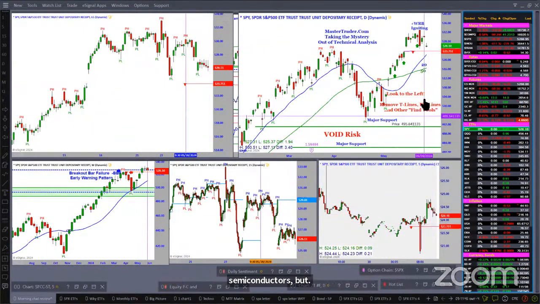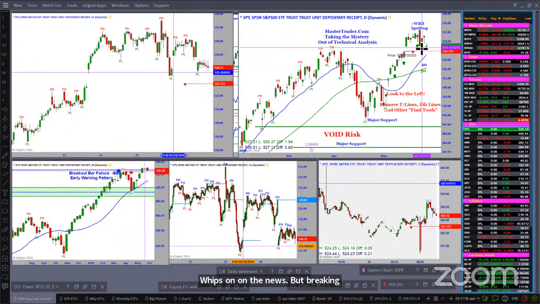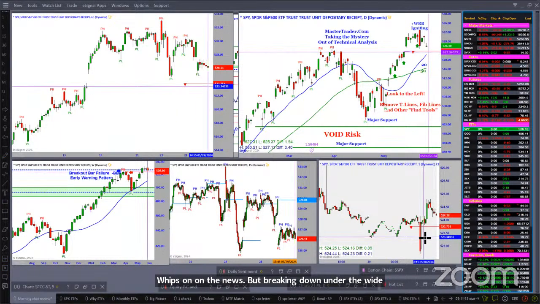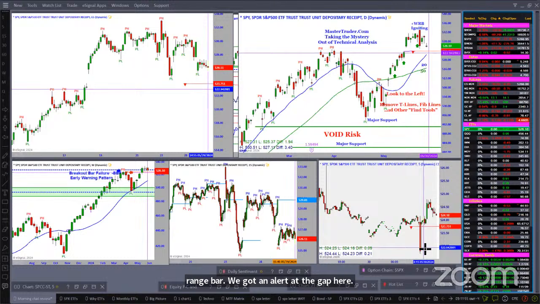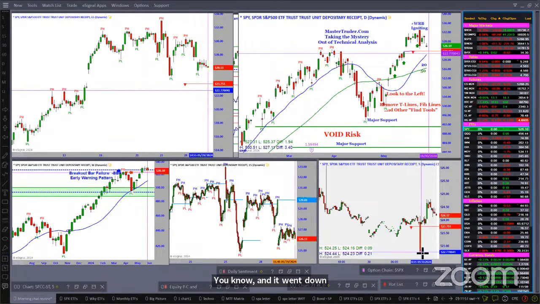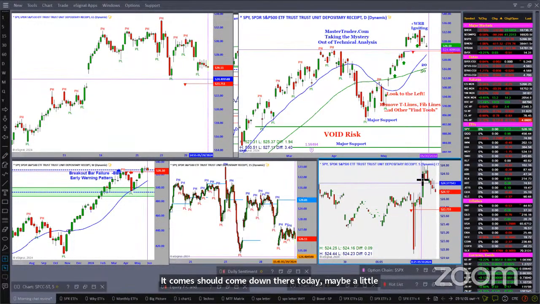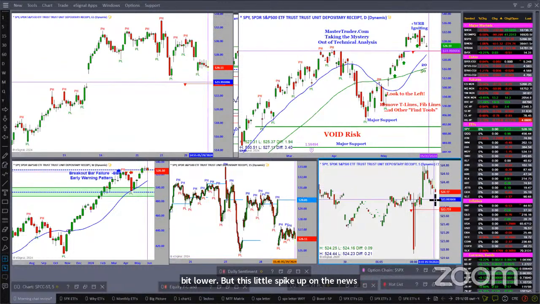Whipsaw on the news, but breaking down under the wide range bar. We got an alert at the gap here, and it went down there, a little spike low, and then it came back up again. So we'll see. It should come down there today, maybe a little bit lower. But this little spike up on the news, prices are retracing back down.